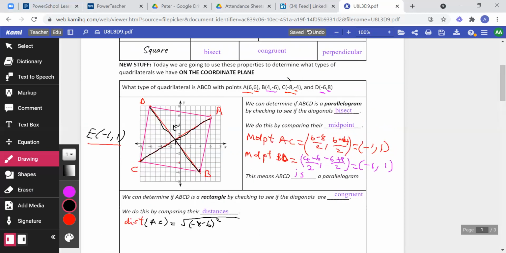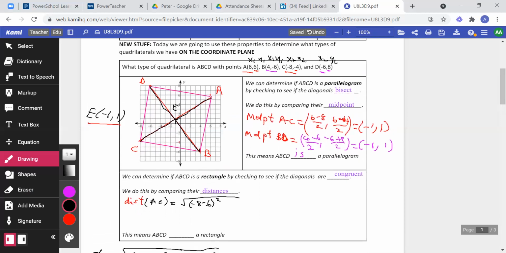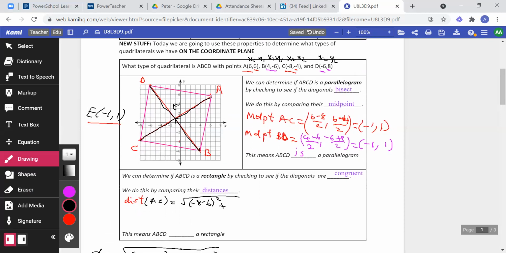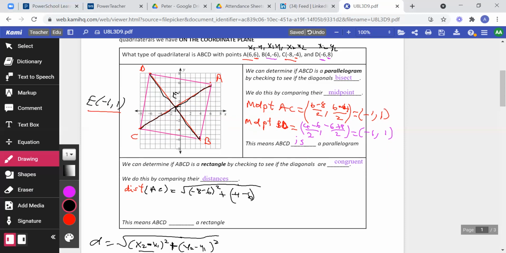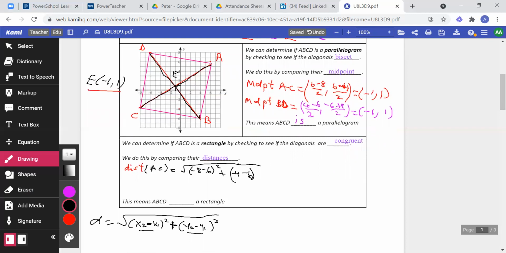Let me put here x1, y1, x2, y2. Plus, we're gonna take the difference of the y component. Y2 at C is -4. And then at A, y is 6, so -6, because of this minus in the middle here each time, okay?